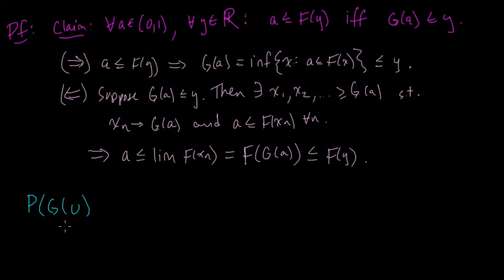So now the probability that g of u is less or equal to y, this is the CDF of g of u, equals the probability that u is less or equal to f of y, because we have this property: u is less or equal to f of y if and only if g of u is less or equal to y. So that's over here. These probabilities are equal.